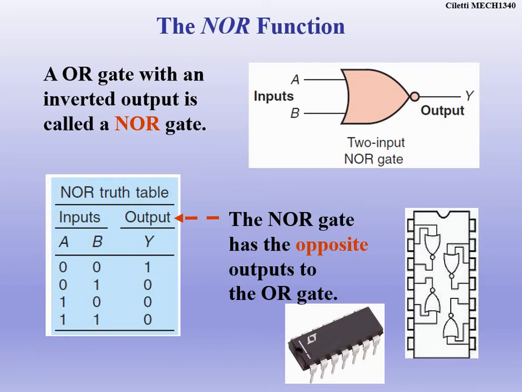If I have 0 or 1, that produces a 1, and then the bubble on the NOR gate inverts that, which creates a 0. If I have 1 or 0, that's normally a 1. The bubble on this inverts it, creates a 0. And then when I have 1 or 1, I get a 1, and then the bubble inverts it, creates a 0. So that's why the truth table is the exact opposite of the OR gate.